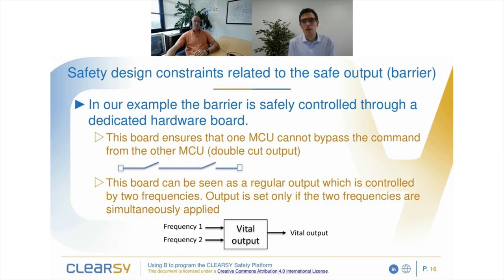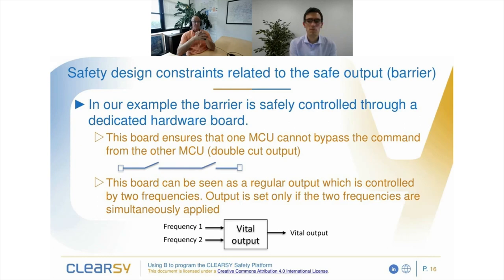In terms of safety outputs, we use 2 relays in series. The use of 2 relays is also motivated by the composite safety, so each relay is controlled by 1 microcontroller. If you zoom out from the board, you can see the safety critical output dedicated board as a converter from 2 frequencies into 1 on-off output.